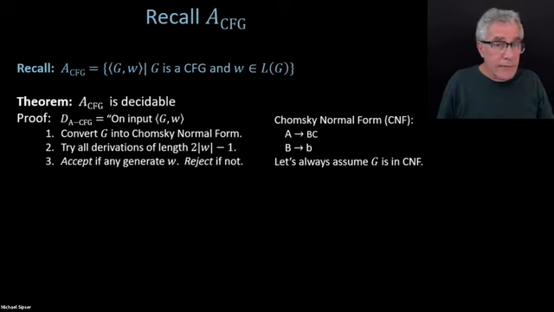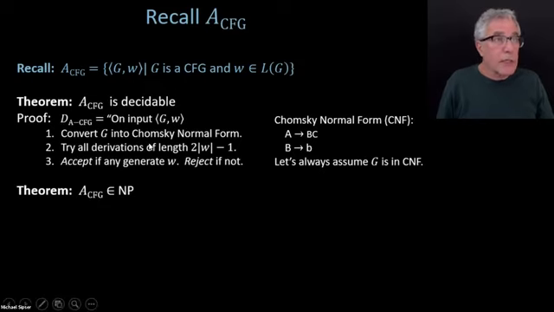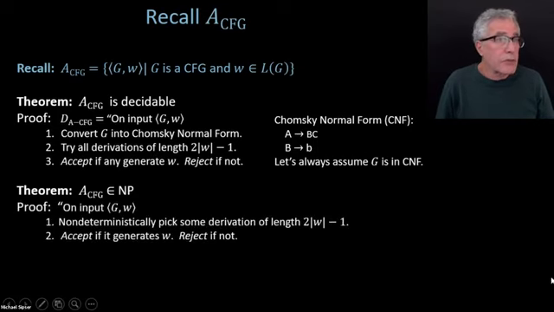That immediately gives an NP type algorithm for this language, because instead of trying all of these derivations sequentially, you try them in parallel non-deterministically. So non-deterministically, you pick some derivation of that length, and you accept if it generates the input.